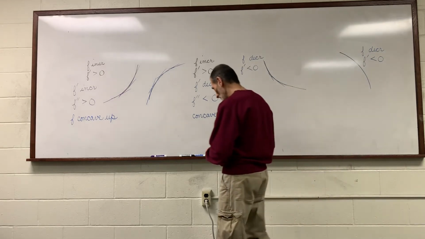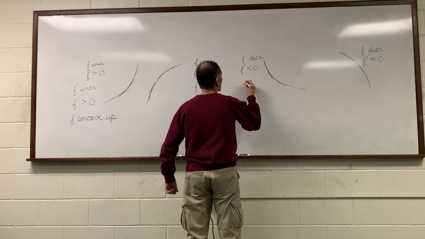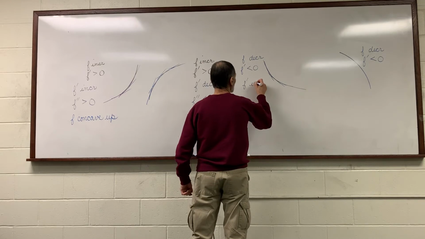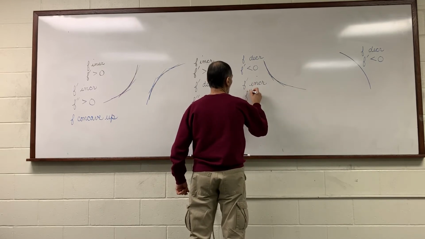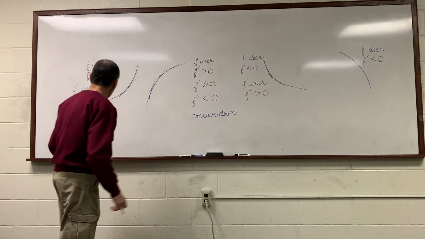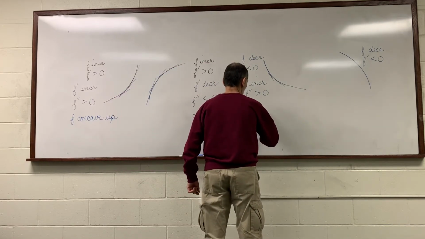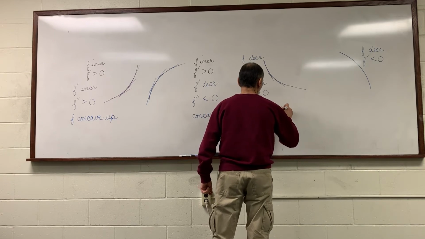So what we have here is a situation where the slope represented by f prime is increasing. So the second derivative is positive. And again, when the second derivative is positive, the function is concave up.